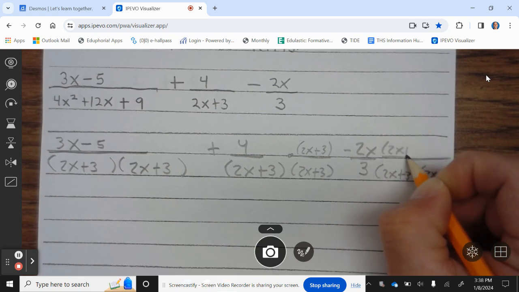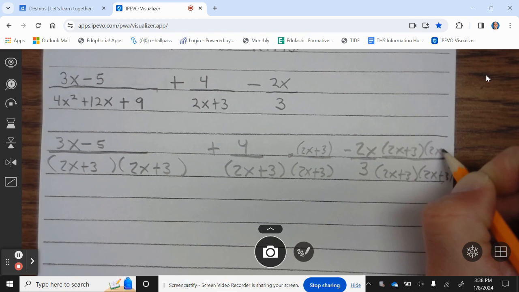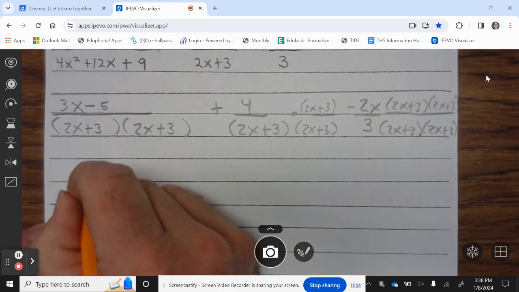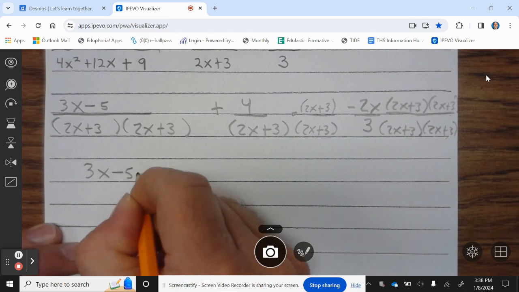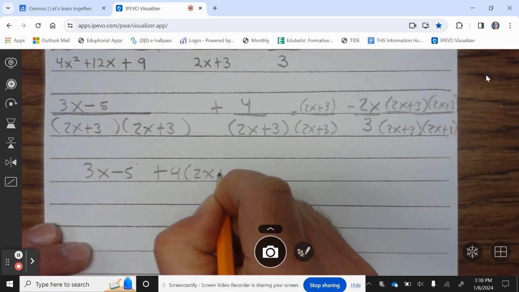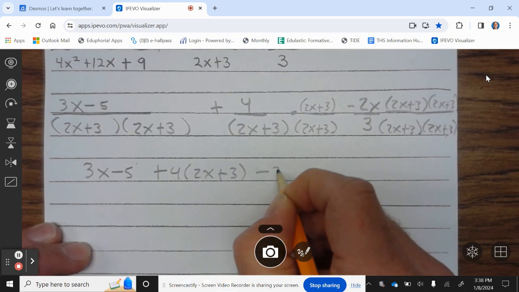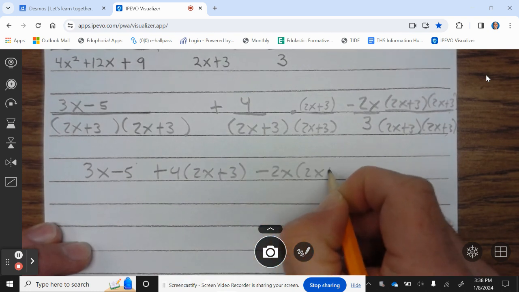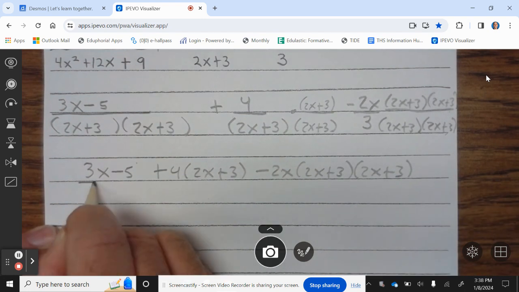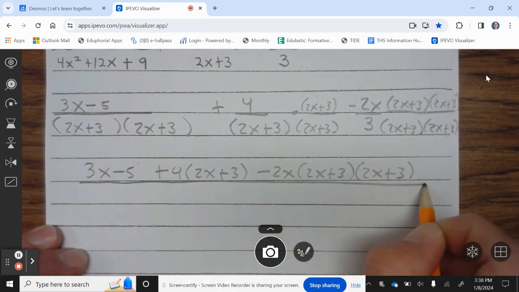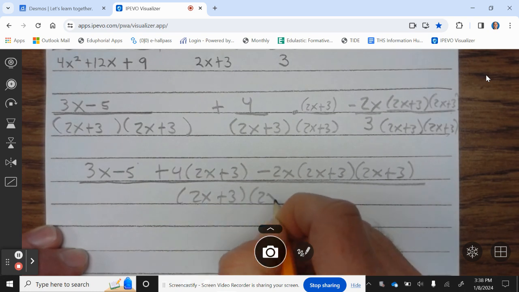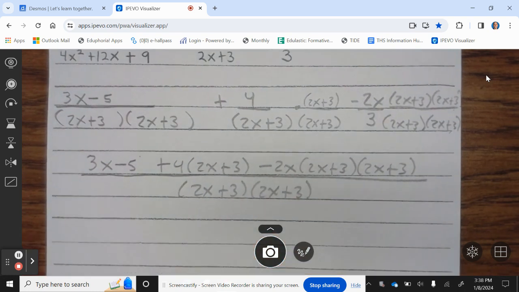Okay, so now we have 3x minus 5 plus 4 times 2x plus 3 minus 2x times 2x plus 3 times 2x plus 3, all divided by 2x plus 3 times 2x plus 3.